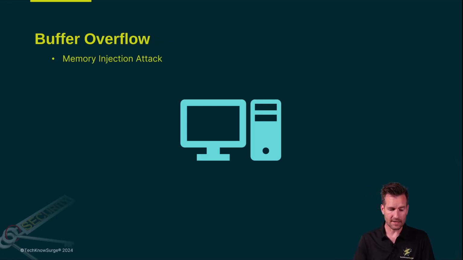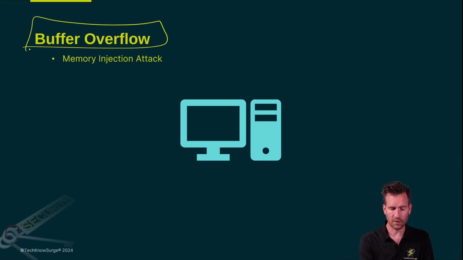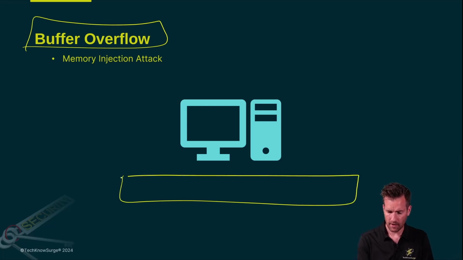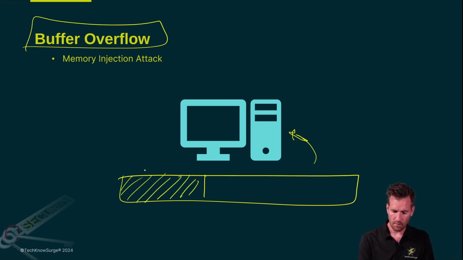Another vulnerability in software is a buffer overflow. That's when a computer program is using more memory than it's allocated. So let's say this is the total amount of memory or RAM that's on this machine right here. And it's allocated a certain section of this for program A. And there are other programs that are running on here, so program B, C, and D all have their memory allocation as well.